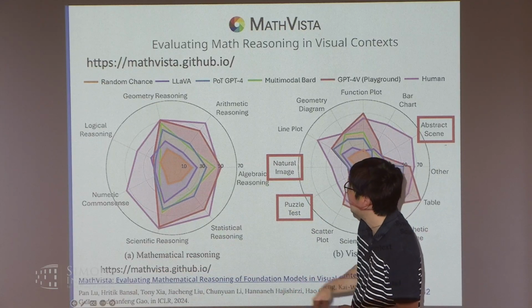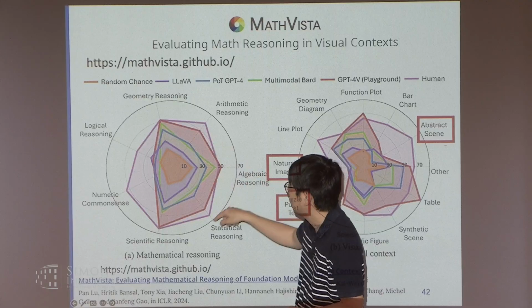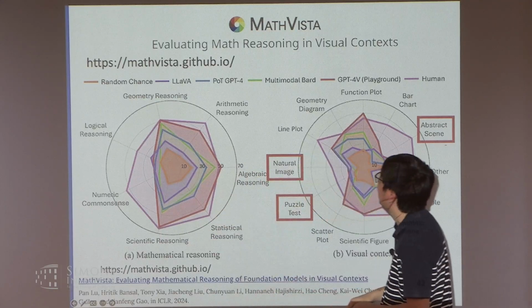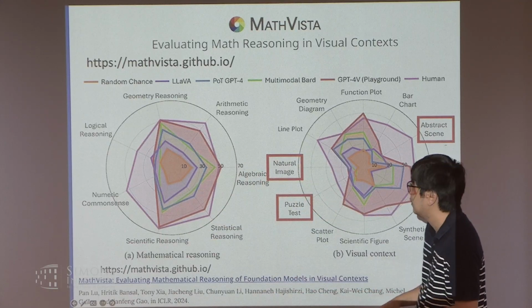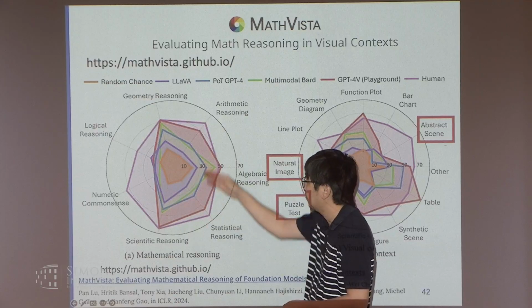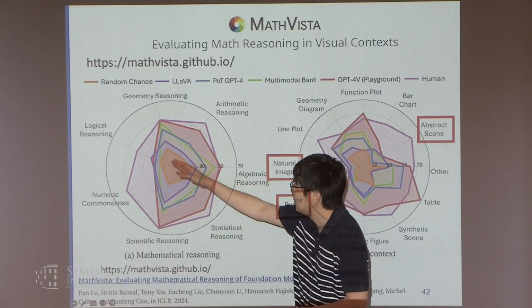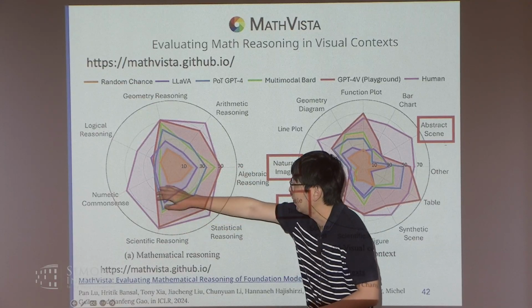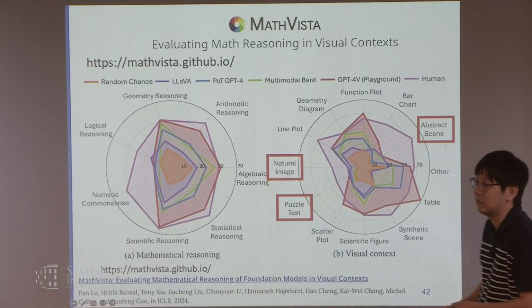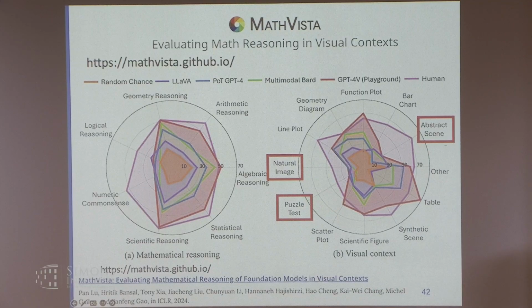This purple line is human performance, and the red line is the GPT-4V model. You can see that for certain dimensions like logical reasoning and numerical common sense, the model is still pretty bad compared to humans.